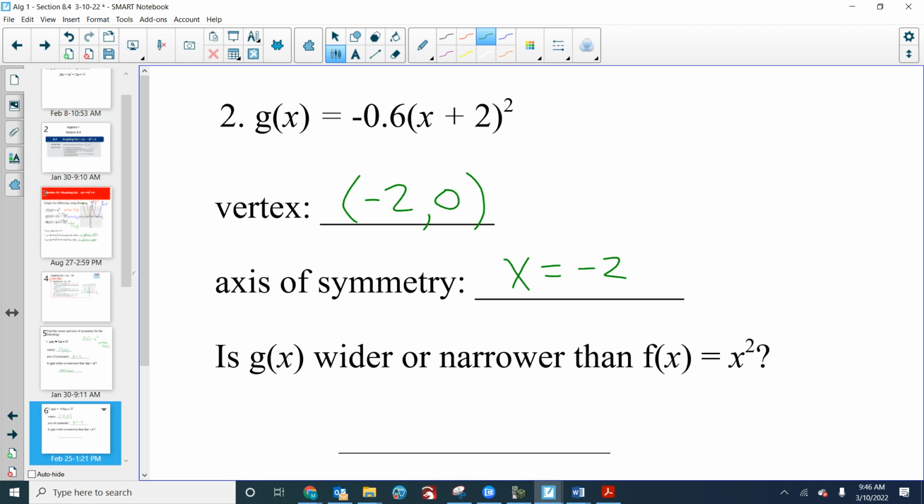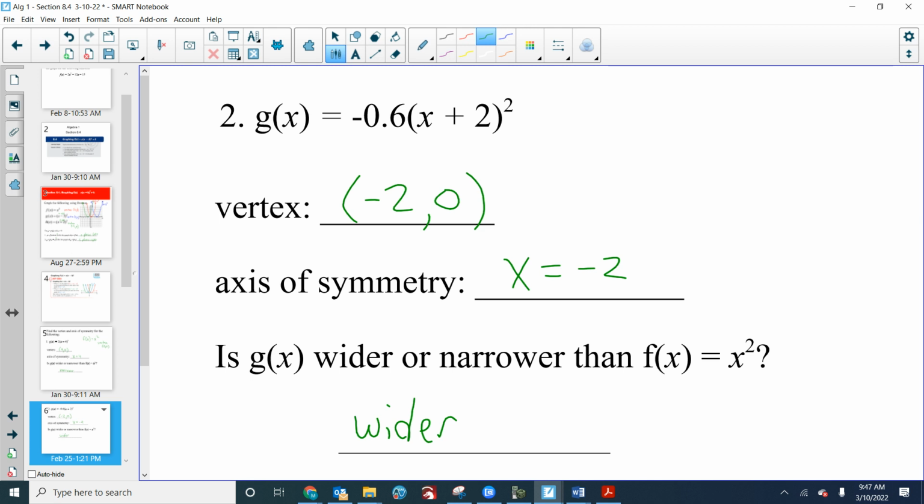Now, it's also going to do what? Go down. But that's not the question. It's going to be wider. Write that, please. Wider. Oh, we had to graph those too, right? No, we didn't. The next one.